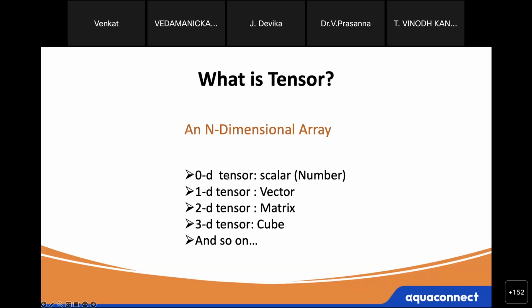So each pixel of the image is assigned a triplet number, RGB, that determines its color. Then we can have a 4D tensor, 5D tensor, and so on. These are harder to visualize, but they follow the same concept. In short, a tensor is a mathematical object that can carry information in multiple dimensions.